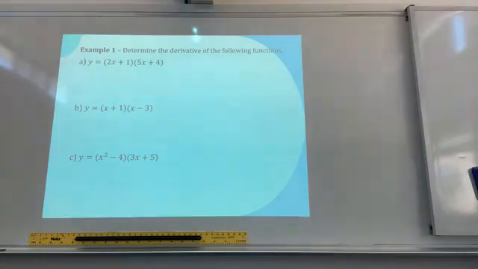Looking at the first one, dy/dx equals 5 times (2x plus 1) plus 2 times (5x plus 4), using v du/dx and u dv/dx, which is 10x plus 5 plus 10x plus 8. So that is 20x plus 13.